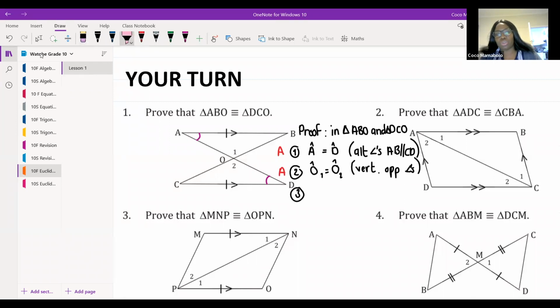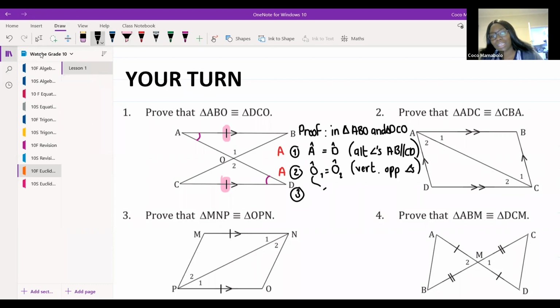Okay, I'll give you guys a hint. What does this line mean? Good, Karen. That's what it means. It doesn't mean parallel. The arrow means parallel, Ntanta. The line means that the sides are equal.